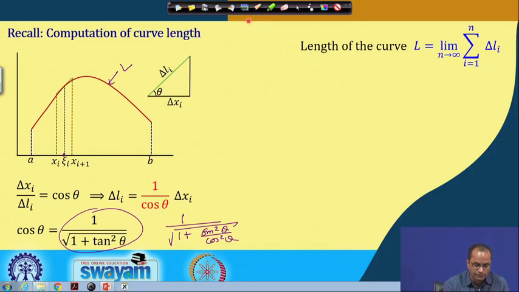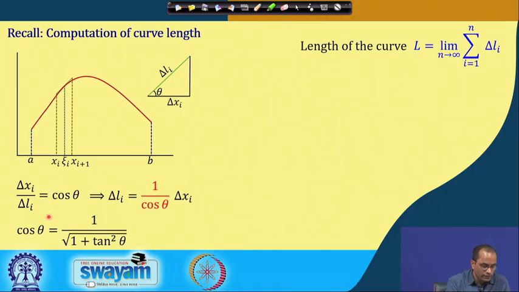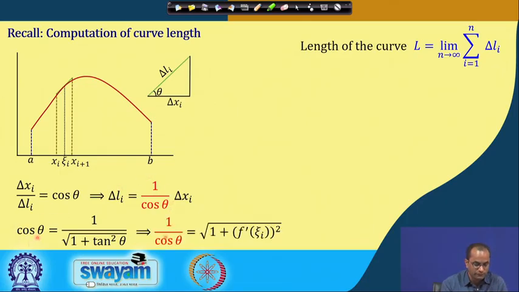So cos square theta plus sin square theta will be 1, and cos square theta goes to the numerator, and we end up with cos theta only. So this equality, cos theta equals 1 over the square root of 1 plus tan square theta, if we invert it, gives 1 over cos theta equal to the square root of 1 plus tan square theta.